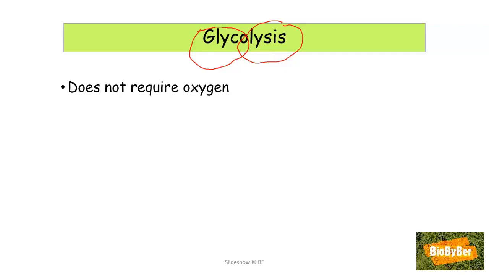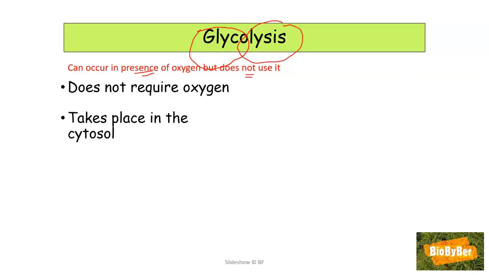First of all, we need to realise that glycolysis does not require oxygen. In a description of anaerobic respiration, you will find no mention of oxygen anywhere. Now, it can occur in the presence of oxygen, but it doesn't actually use it.